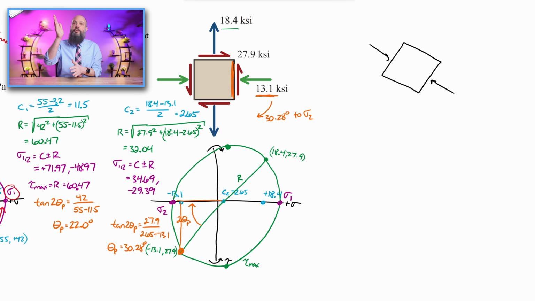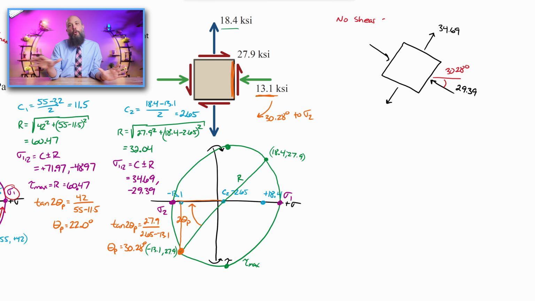And so the other principal stress will be the positive 34.69. So if I took my 13.1 point on Mohr Circle and rotate it clockwise, that gets to the principal stress. And so by taking my stress element and rotating it clockwise 30 degrees, that is the orientation for principal stresses, and there's no shear stress in the principal stress orientation, only that max and min principal stresses.